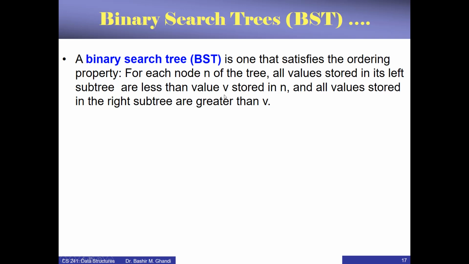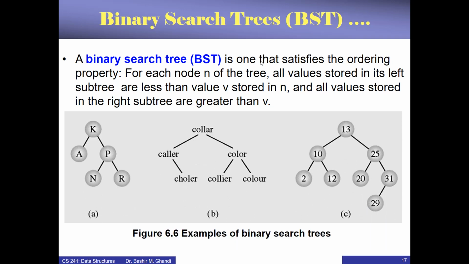Okay, so basically a binary search tree is an orderly tree in which the ordering criteria is as specified here. It is better to understand this with an example. So let us see an example. Consider the tree in figure C here. If you take the root, it has a value 13.